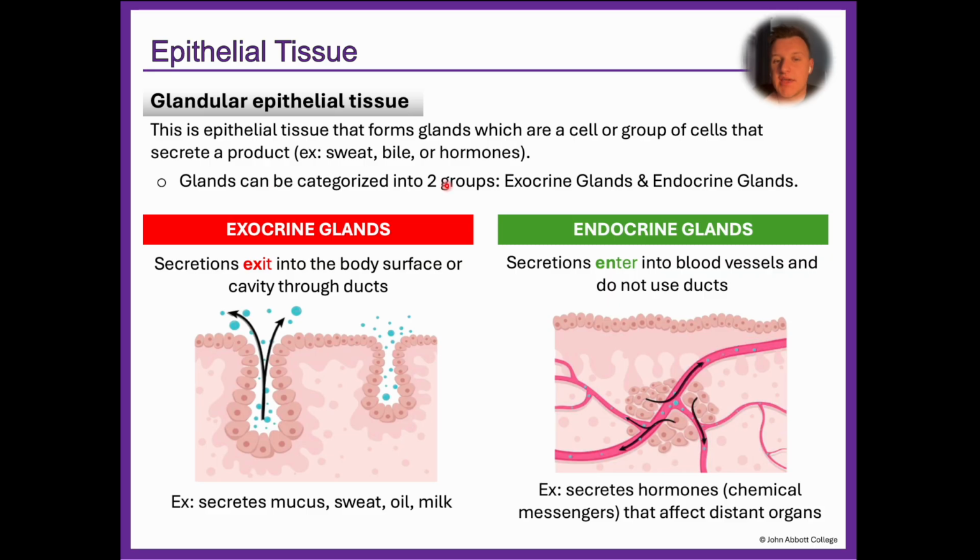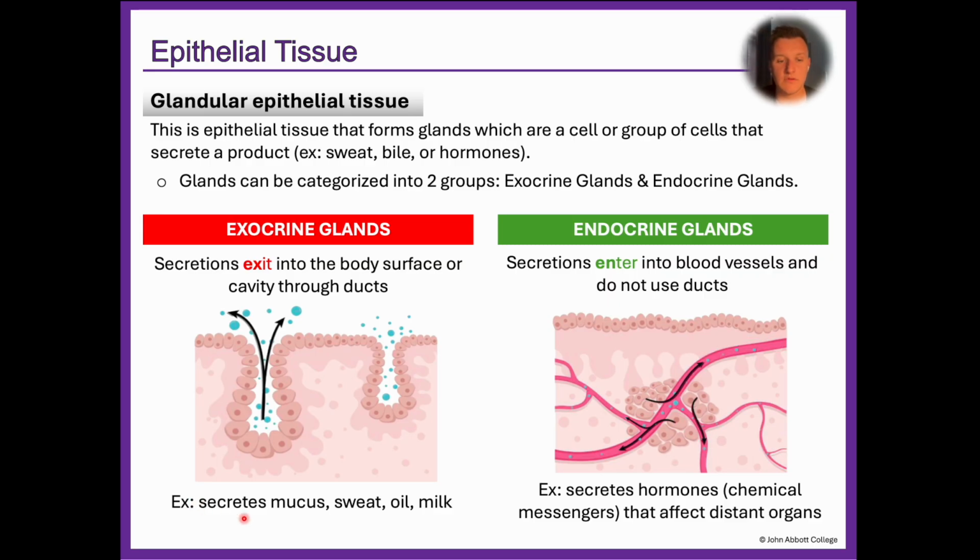But glands can be categorized into two main groups, okay? We could have exocrine glands and endocrine glands. Exocrine glands: exo means to exit. They exit the body's surfaces or cavities through ducts. So they're actually exiting out.